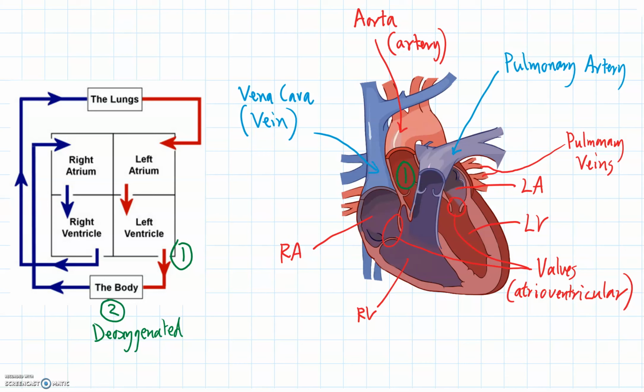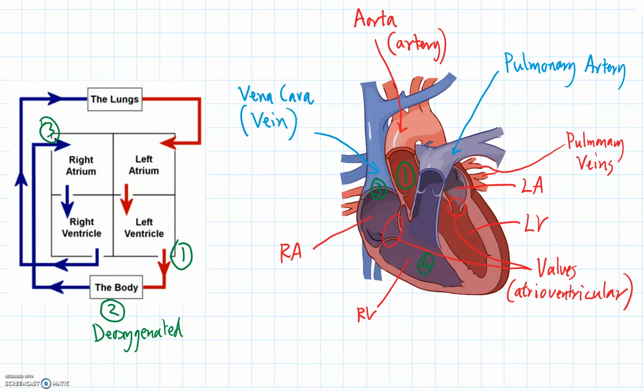So then all that deoxygenated blood returns through the veins all the way back to the vena cava and then in through to the right atrium. So it comes down into the right atrium through here. Then the atrium contracts and pushes the blood through that valve down into the right ventricle.